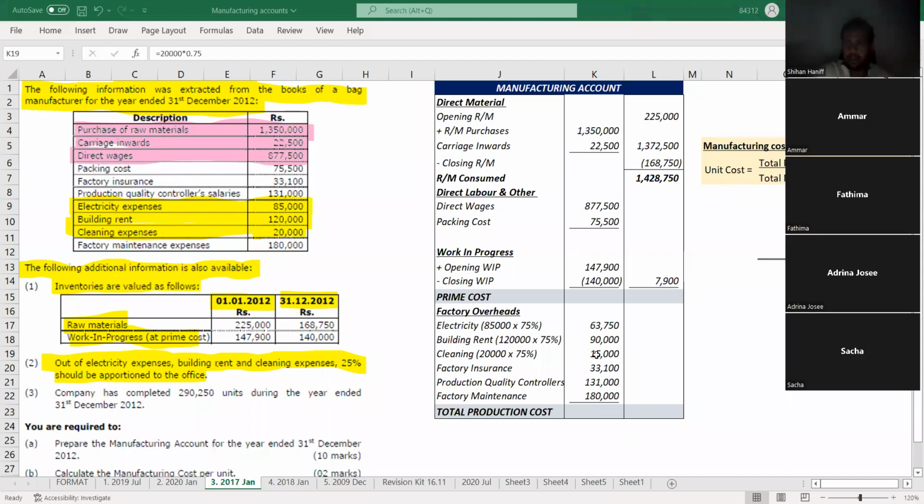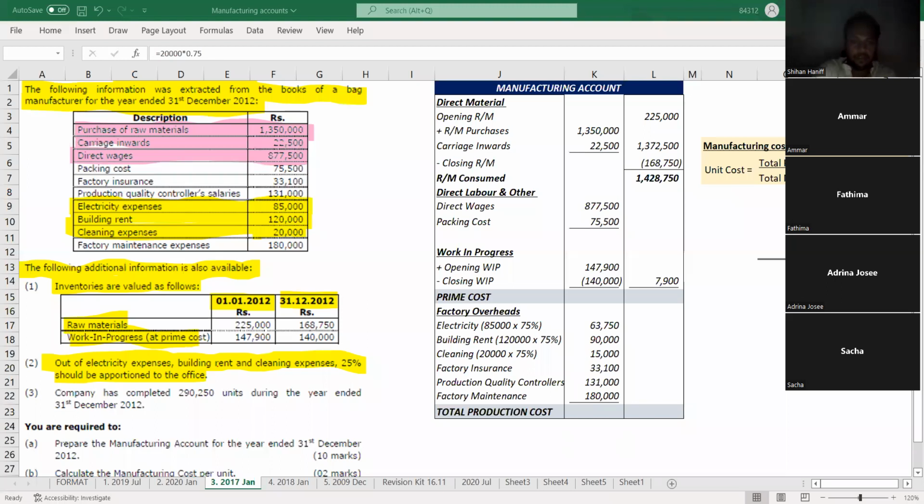Right. How much is the total production cost? I got only two answers.